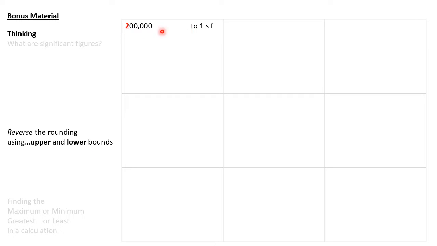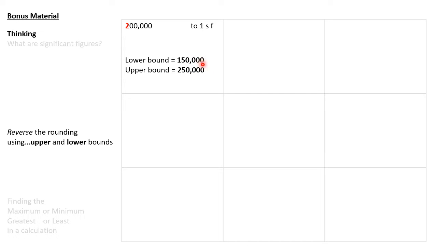Okay, so 200,000 was the number of atoms to one significant figure. What could it have been between? Imagine we don't know what that number was. All we know is that it was rounded to one significant figure. So this 2 was the important number. That means it could have been anywhere between 150,000 and 250,000.